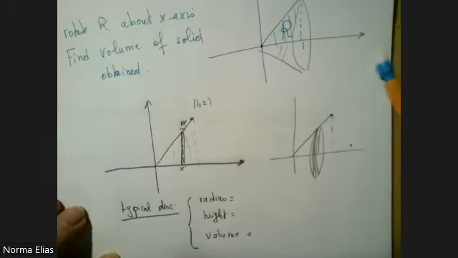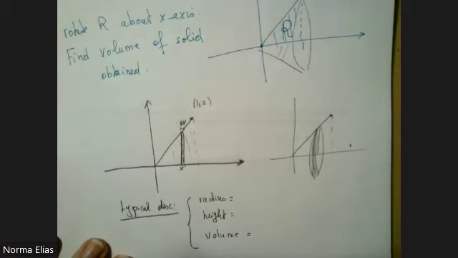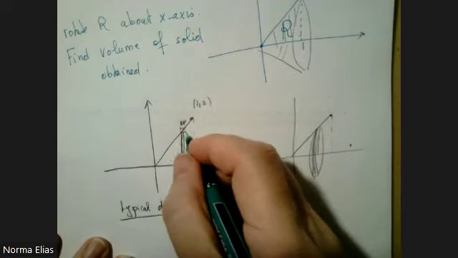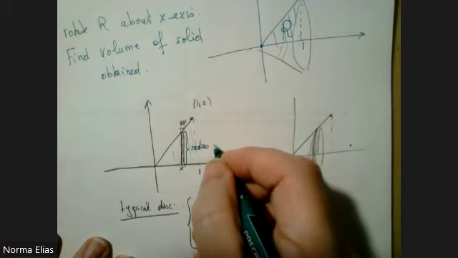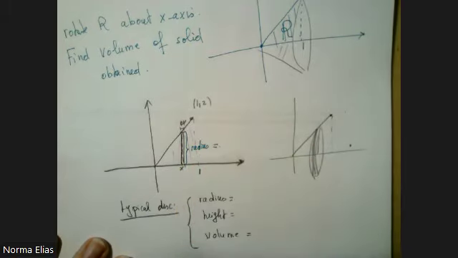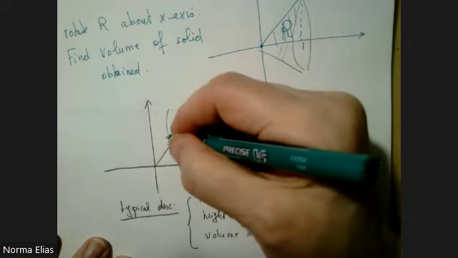Okay, what's the radius here? What's missing? What am I missing to give you the radius? The radius is from here to here. So am I missing something? Is there some info I didn't give you?